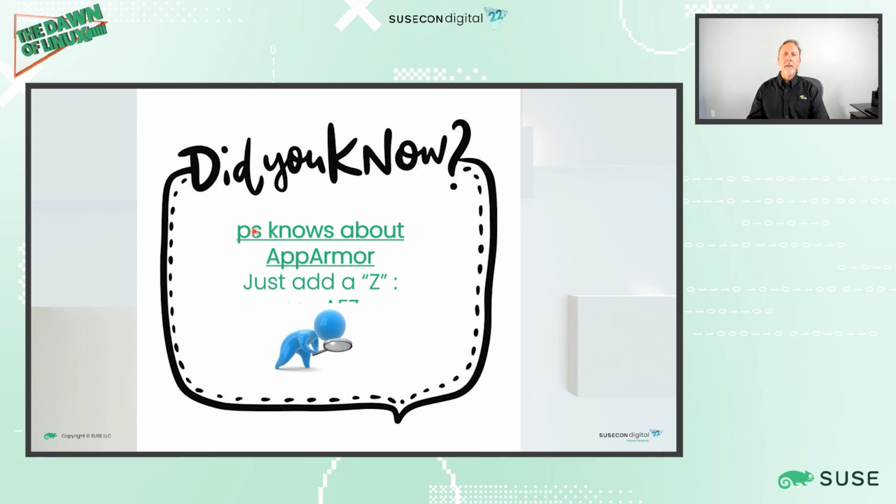Is it running in unconfined mode? Is it running in enforce mode? Is it running in complain mode? Are any of the existing running processes protected with AppArmor? So AppArmor will show you that.